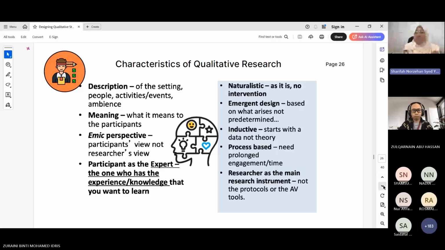Make sure the introduction and the literature review match your findings and the discussion that you are going to have. That's why you need to update these two chapters very well.